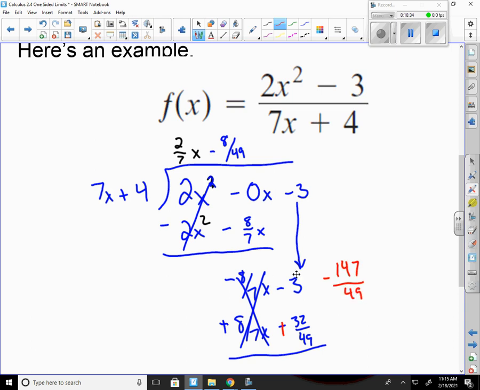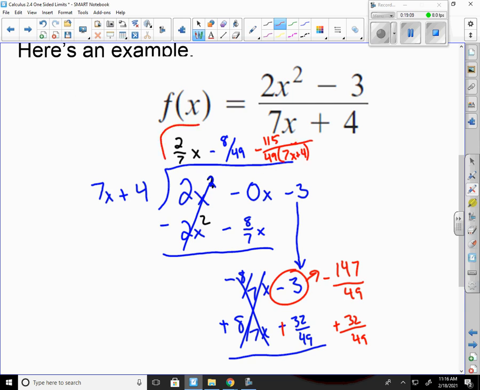That's what the 3 turns into, getting a common denominator. When I did negative 8 times 4, that gave me negative 32 over 49. And then you have to flip the sign to make that a plus. So plus 32 over 49. This gives me negative 115 over 49 times whatever I divided by, which is 7x plus 4.